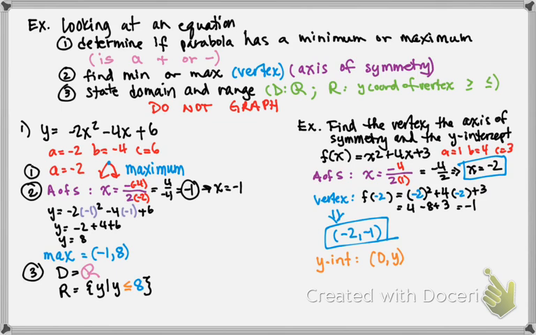So we get f at 0 is equal to 0 squared plus 4 times 0 plus 3, and we get f at 0 equals 3. So the y-intercept is 0, 3.